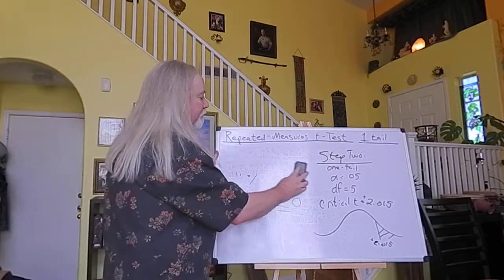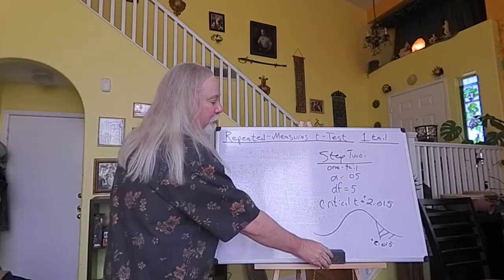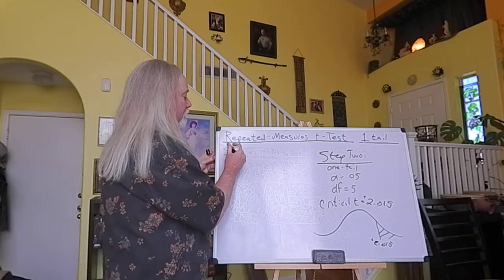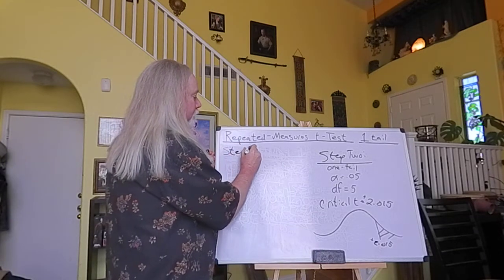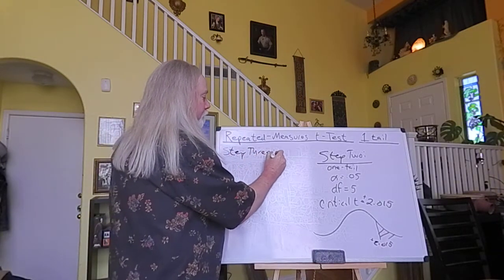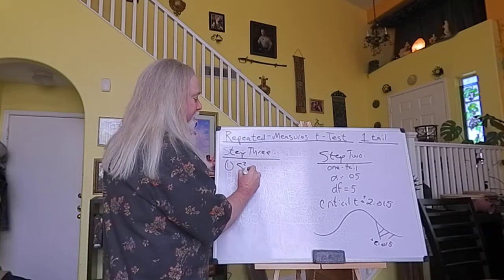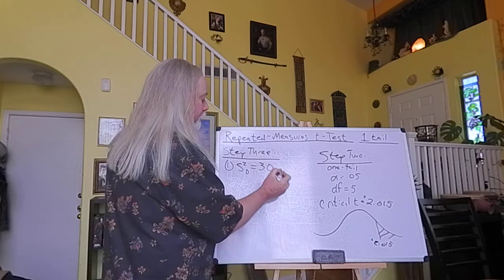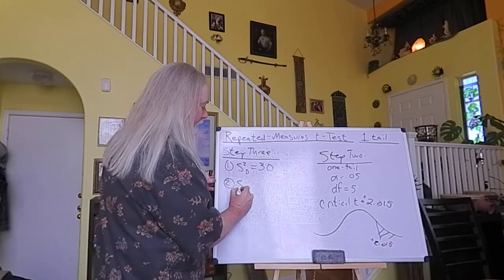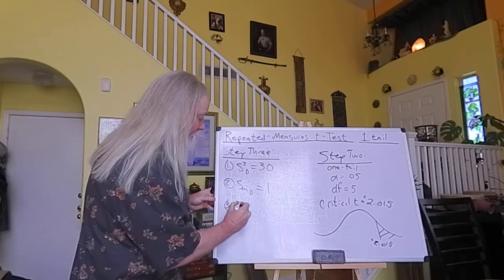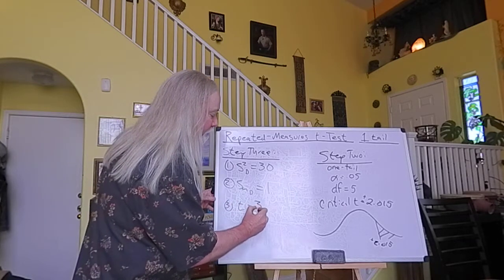Step 3, we don't have to redo. We didn't have to redo the prep work. Again, the data didn't change, so we know the calculations are going to be the same. So we just saw that the sample variance of difference scores was 30, that the estimated standard error was 1, and that the t-statistic was 3.